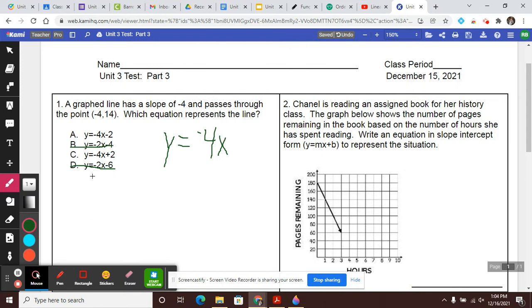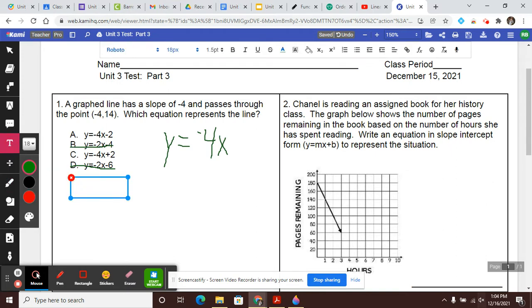Now, because I know my slope, I'm going to take my slope, which is -4, and multiply it by my x value, which is also -4. Remember, I take my slope and multiply by x. That is going to be a positive 16.